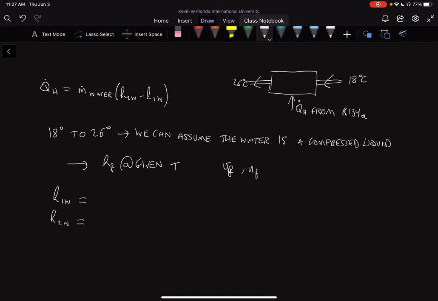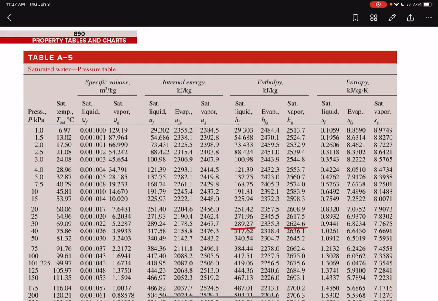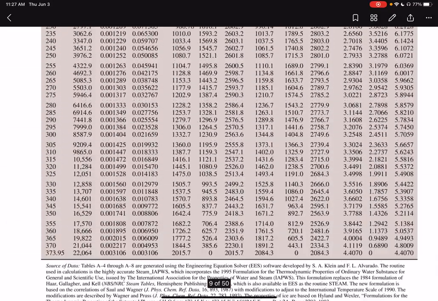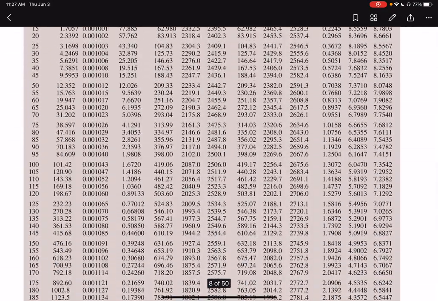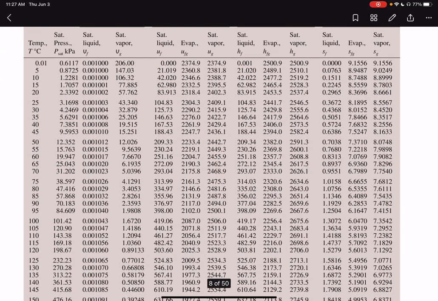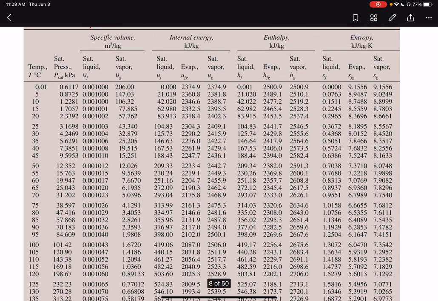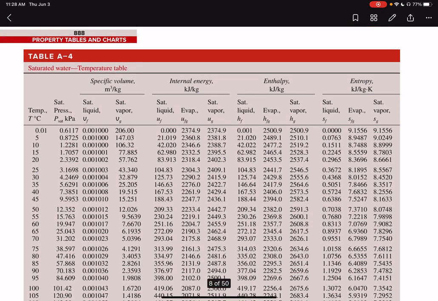So let's go to our tables and look at water, and look at our temperature table and find our HF for 18 degrees Celsius and HF for 26 degrees Celsius.